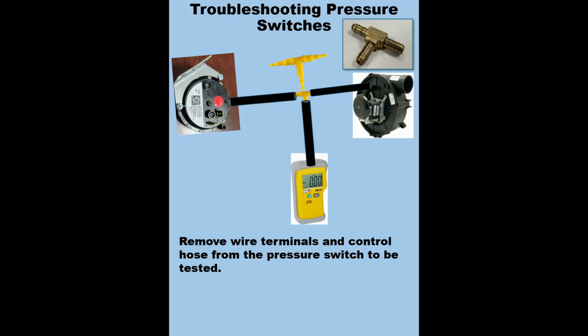These T's work well too. I use both. But anyway, you want to put your manometer in line, so that the vacuum switch still gets its vacuum, but you can monitor the vacuum also. And you're just hooking it up in that manner.